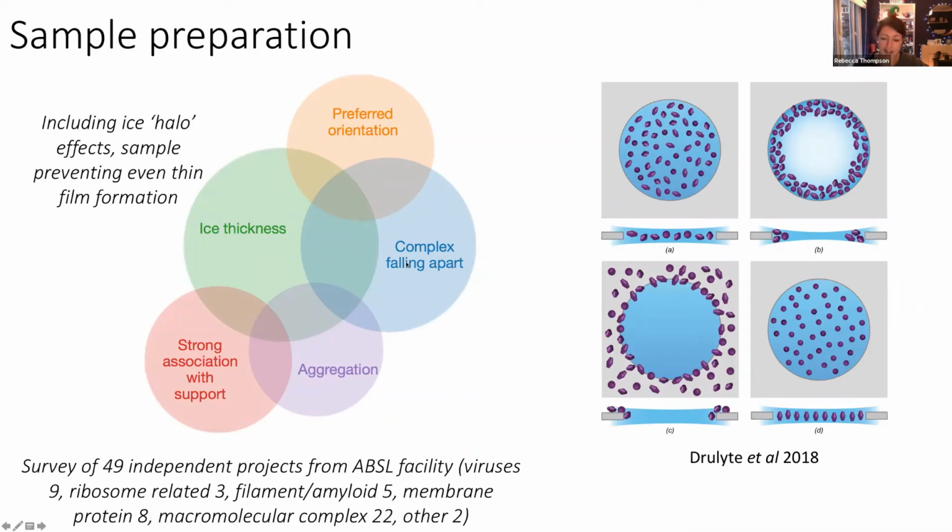This basically means making some grids, taking a look, working out what's wrong with it, and then taking an educated guess, going back and making more grids.